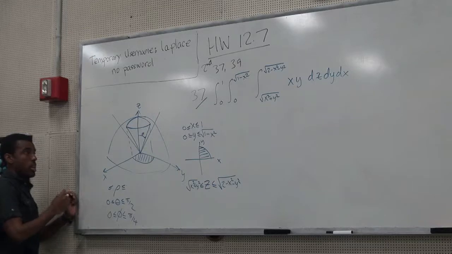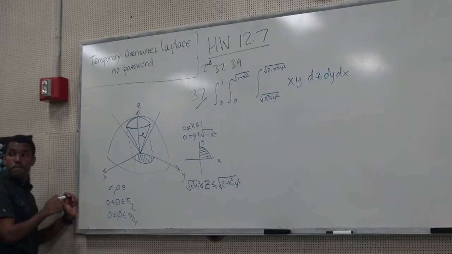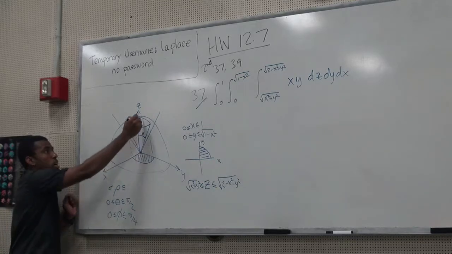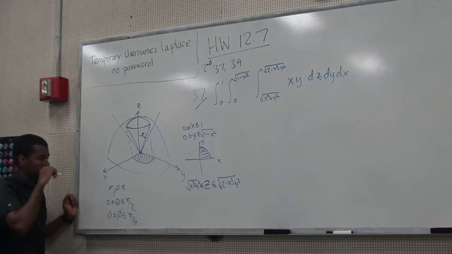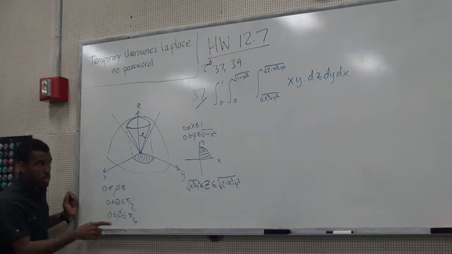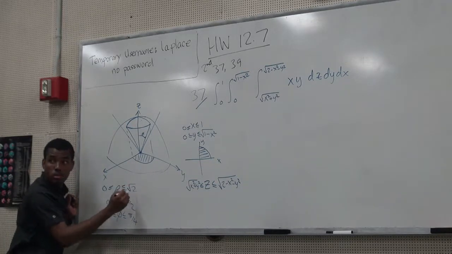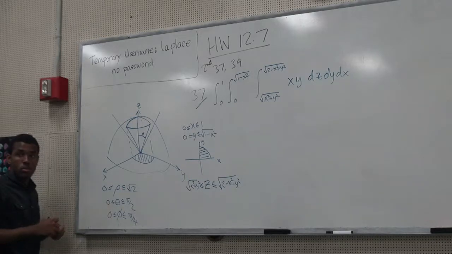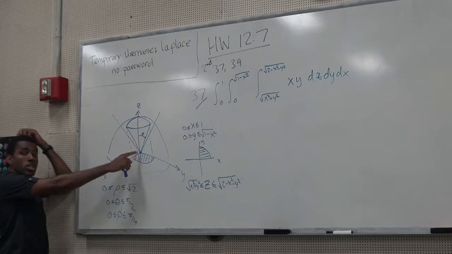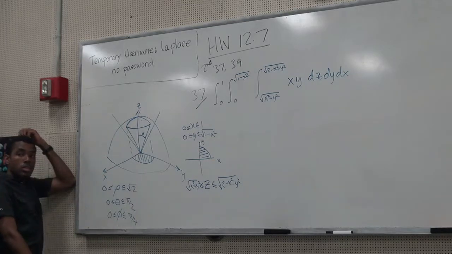And then, how do you get the rho? From the sphere. It's measured from the origin to the outermost surface, which is the sphere. So this is 0 to the radius of the sphere, which is root 2. Rho is always the distance from the origin to the surface that you're considering.